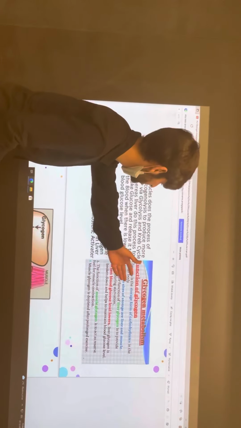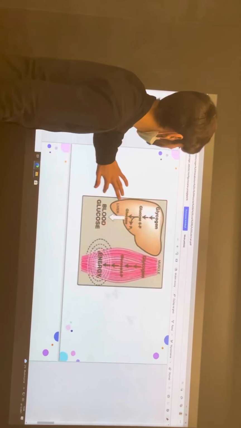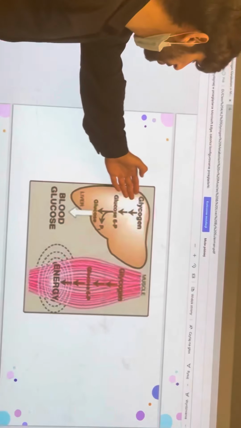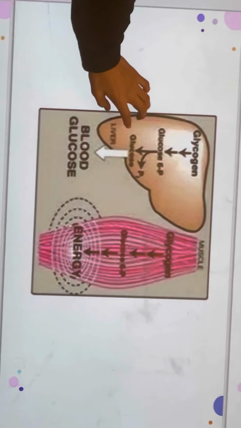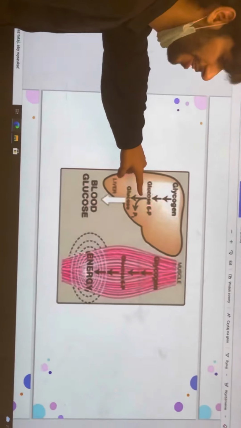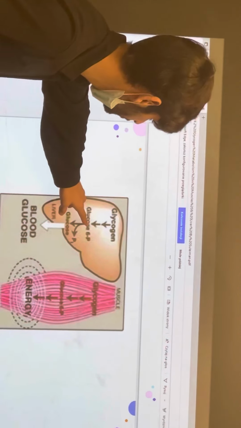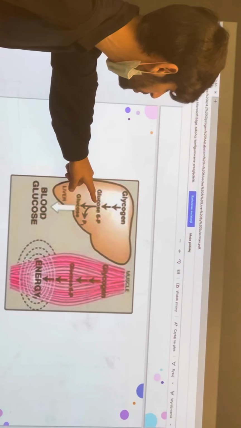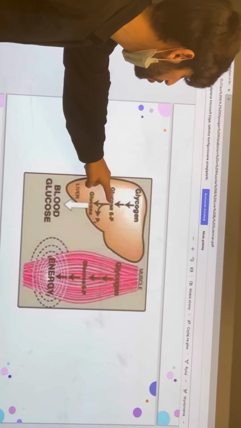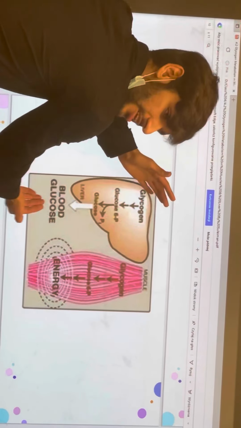Okay, that's all. And this is the same as I explained. This diagram shows that in liver, glycogen is broken down to glucose, and glucose is released into the blood. Because we have the enzyme glucose 6-phosphatase in liver, it will change glucose 6-phosphate to glucose, and that glucose is released in blood.